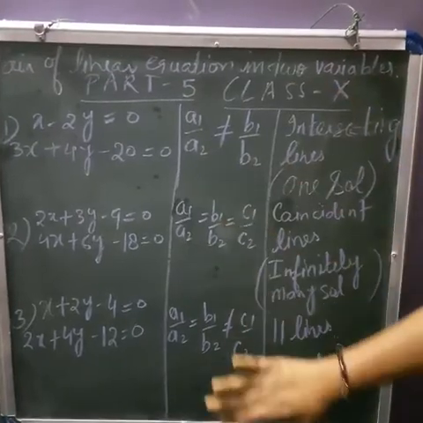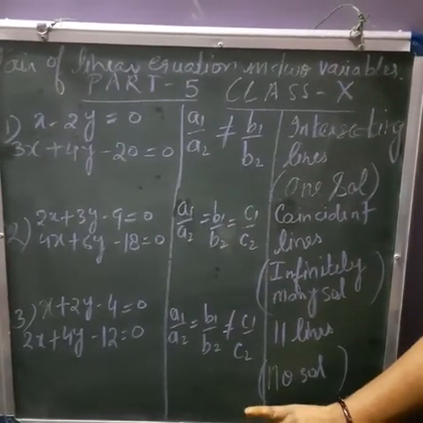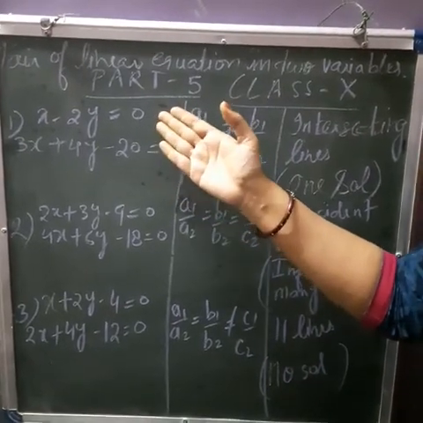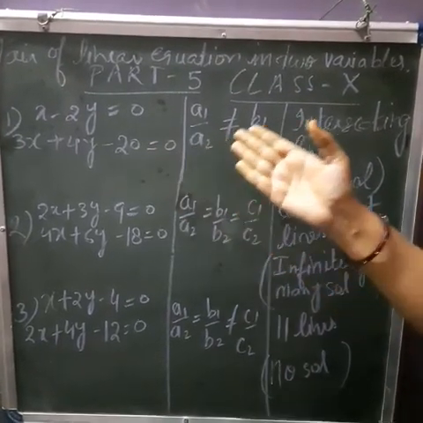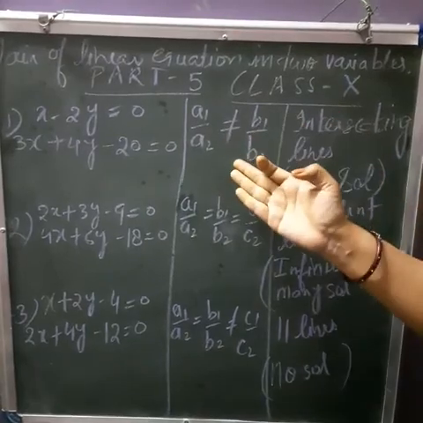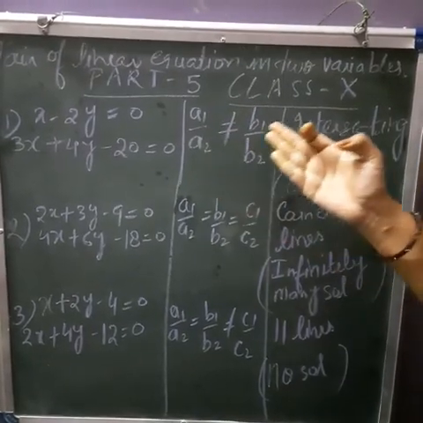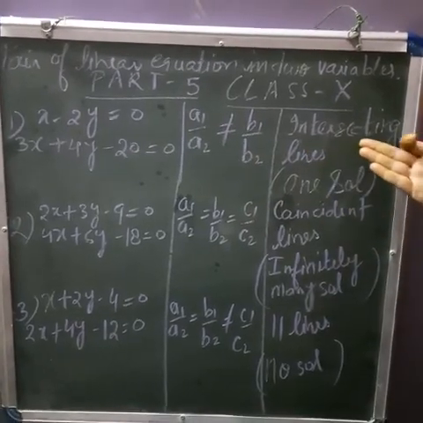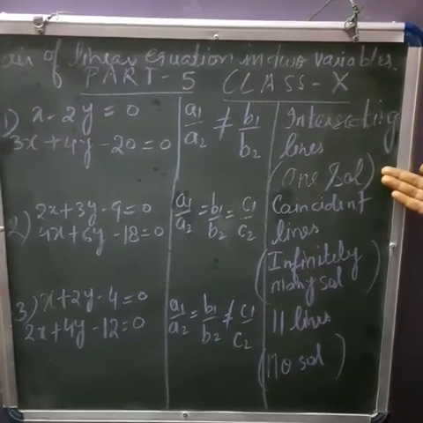So we have three types of lines. You will look at the coefficients of equation number 1 and 2 like this. In the first condition, a1 upon a2 is not equal to b1 upon b2, so you have intersecting lines and one unique solution.